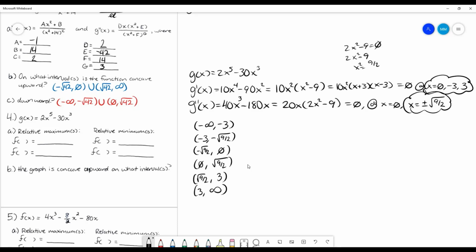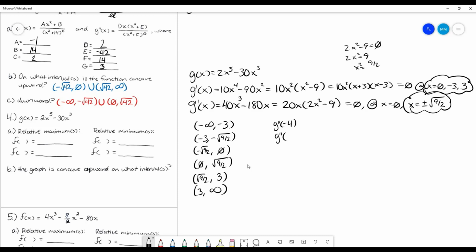Okay, now let's figure out that concavity. So for this first one, I'm going to plug in a -4, I think. For this next one, square root of 9/2, is it less than 2? That is the question. I think it is. I'm going to double check that though, just really quick.